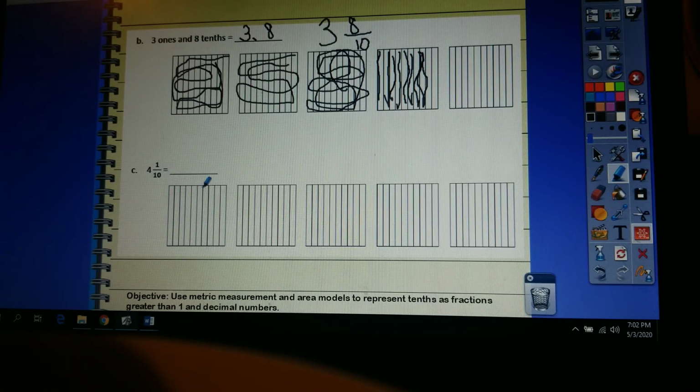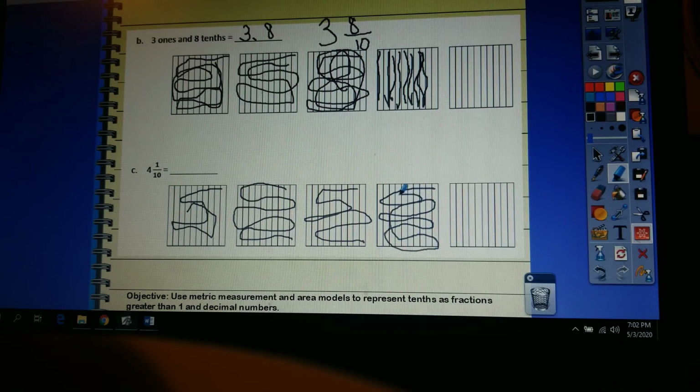4 and 1/10. Oh, 1. Let's just call that 1. 2. Let's just call that 2. 3. Wow. 4. I think I might be famous on YouTube just for my coloring. That's 4 and then 1/10. Let's see if I can just color 1. I'm trying. Oh, 1/10.